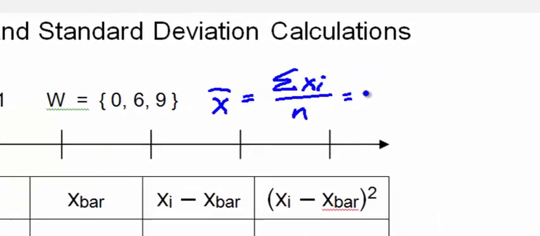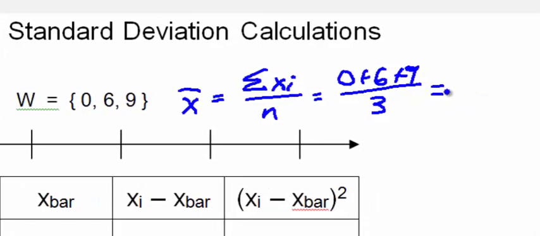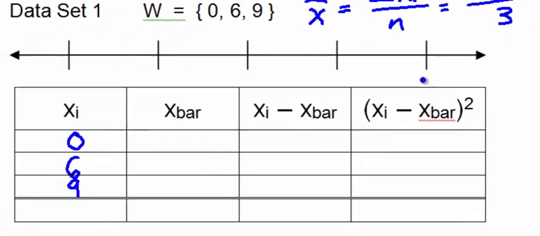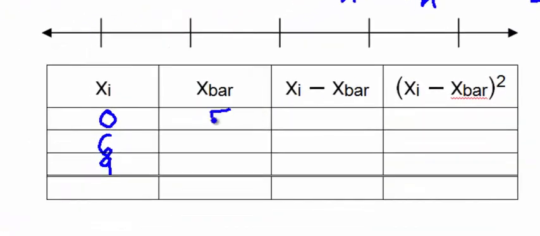And in this case we have 0, a 6, and a 9, and then we divide that by 3 because it's 3 values. 0 plus 6 plus 9 is 15. 15 divided by 3 is 5. So x bar is 5.